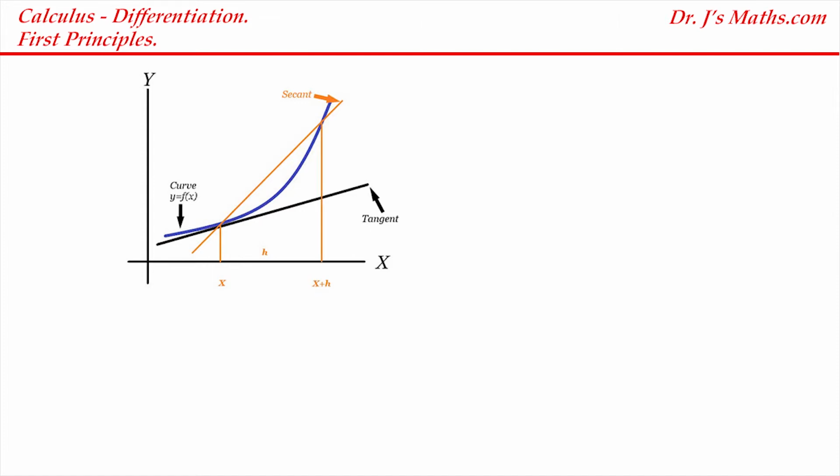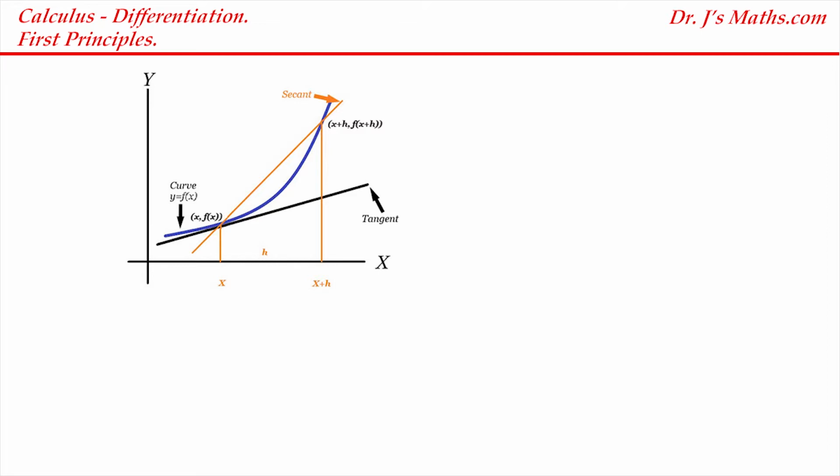Therefore, the second point of contact has the x value of x plus h. Label the first point of contact, that is, the one between the curve and the tangent, with the coordinates x and f(x). Then label the second point of contact between the curve and the secant with the coordinates x plus h and f(x plus h).